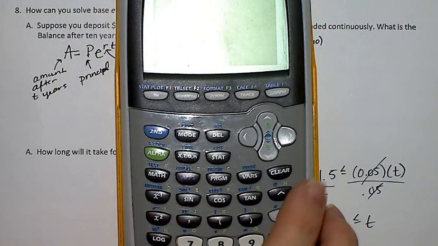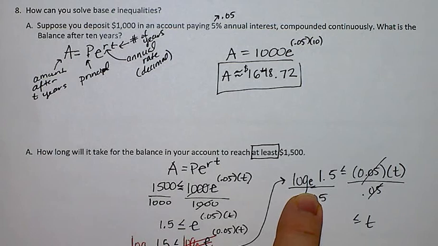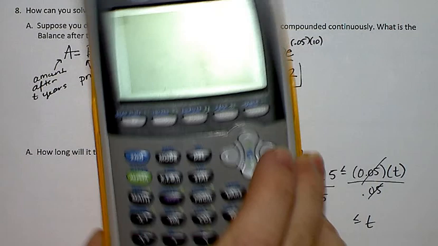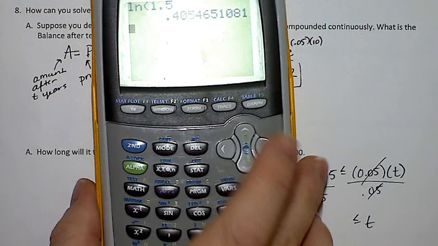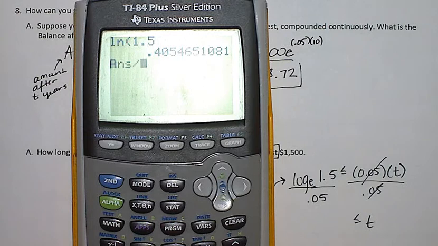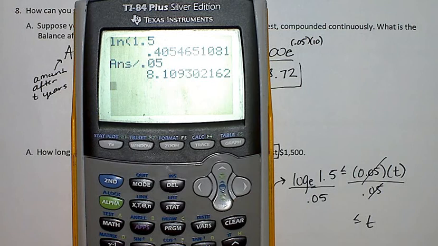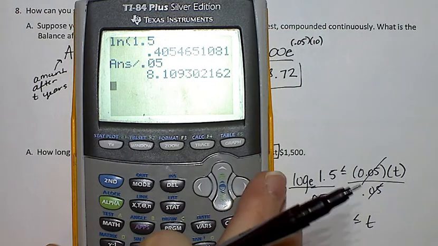So if we want log base e, which is the most commonly used in describing real world scenarios, we're going to use the ln. Log base e is the same as ln. So let's go ln of 1.5, enter. Then we're going to divide it by 0.05. Let's round this to the nearest hundredth.